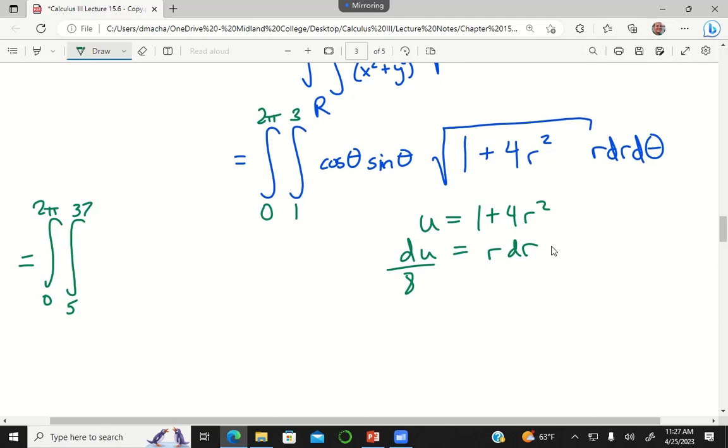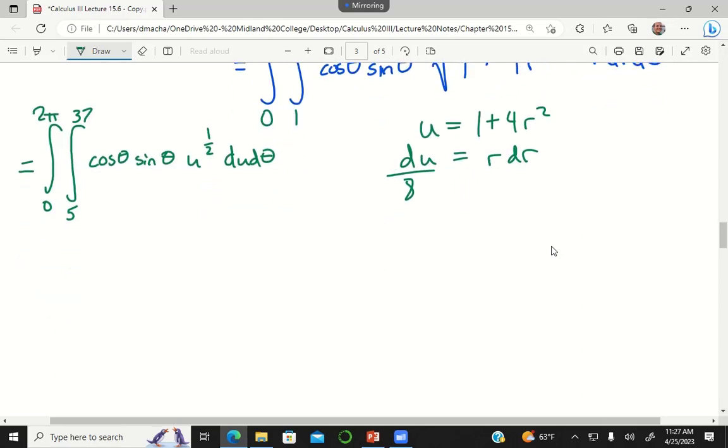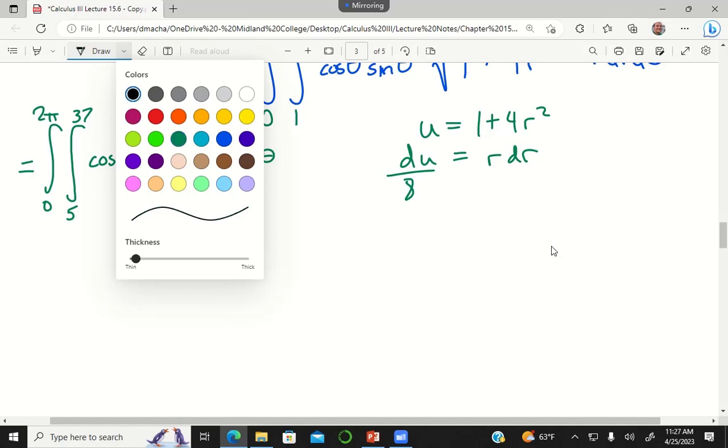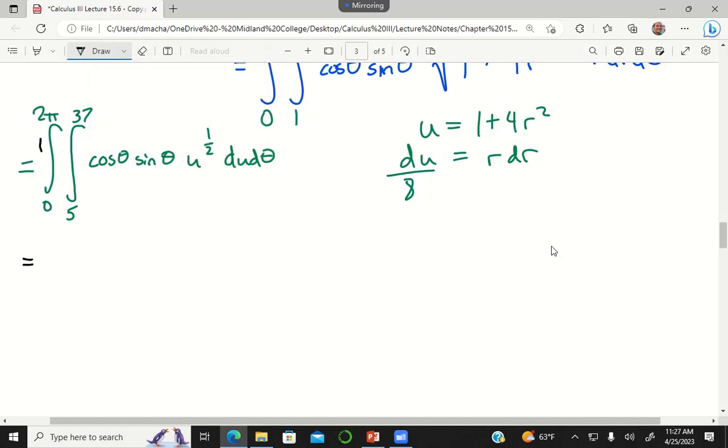And then what I get is cosine theta sine theta u to the 1/2 du d theta. And we have to put 1/8 on the outside, right? Good reminder.